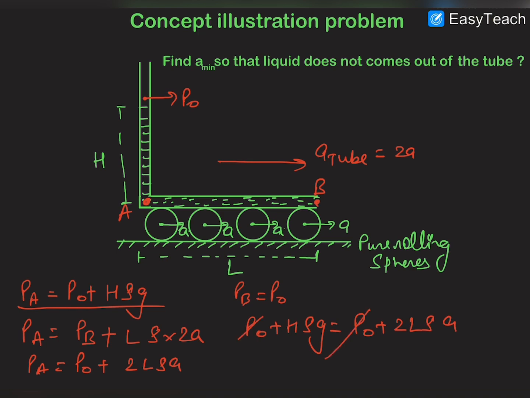So cancelling P naught with P naught, a should be equal to Hg by 2L. So Hg by 2L. a should be equal to Hg by 2L. This is the value of minimum acceleration required for the spheres, so that the tube does not let the liquid go out of it. Thank you.